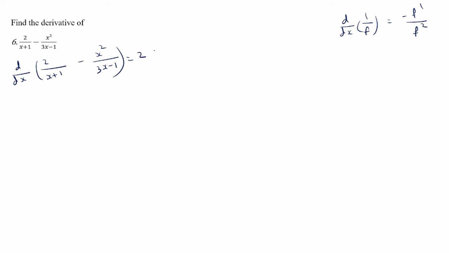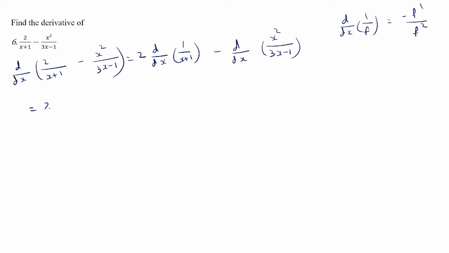So this is equal to 2 into derivative of 1 by x plus 1 minus derivative of x square upon 3x minus 1. Here we can use the quotient rule, and for differentiating 1 by x plus 1 we can use this rule.